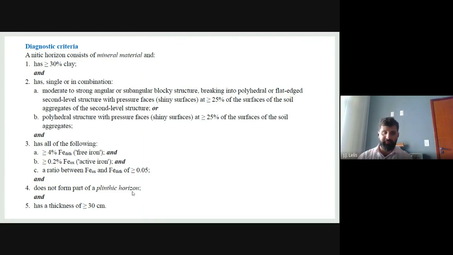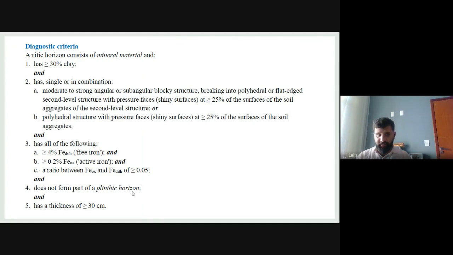And it's because these features are related to a variation of the water table level, and the nitic horizon is formed in well-drained soils, in soils where we don't have stagnant water or influence of water table level. So we can't see something that could be related to water table level in the nitic horizon.